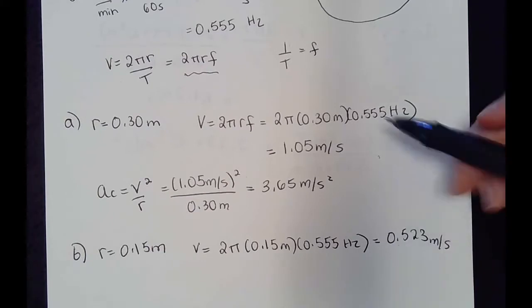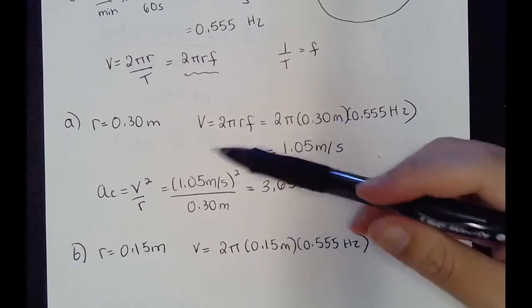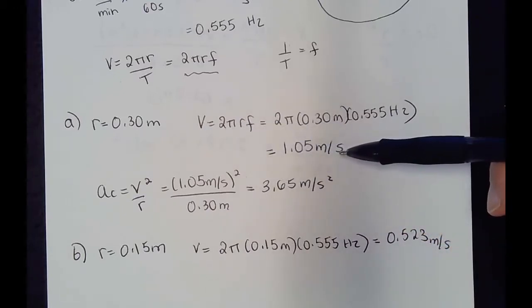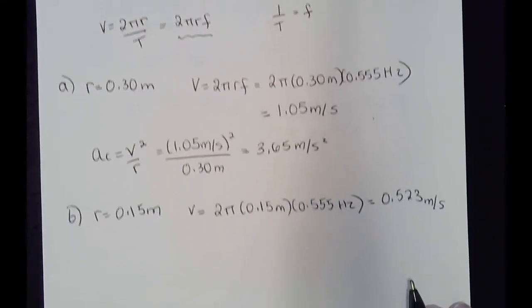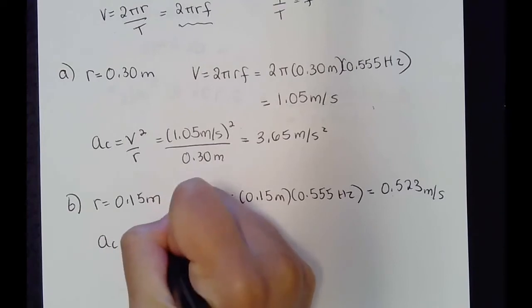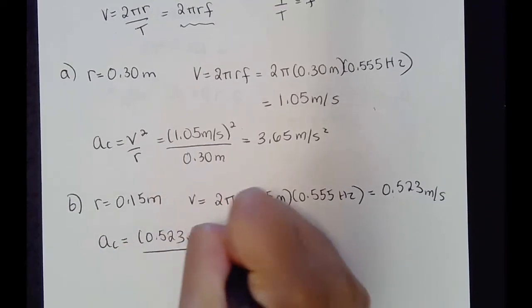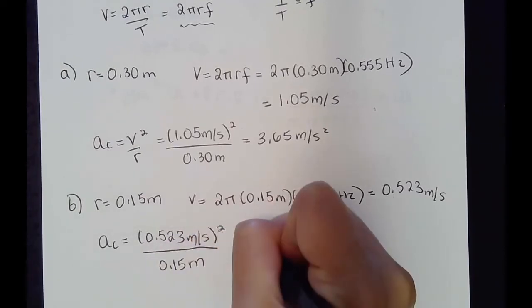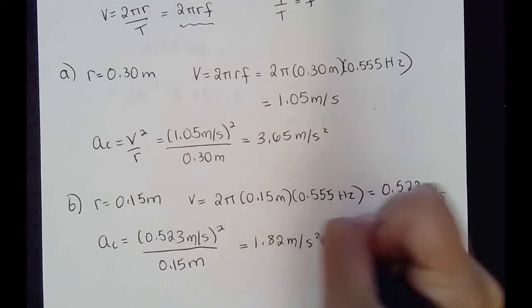And you could also notice that the only factor that changed is r. v is proportional to r if we look at this formula, so it should be half of what we found in A, and it is. Okay, then our centripetal acceleration will be 0.523 meters per second squared over 0.15 meters, and this is 1.82 meters per second squared.